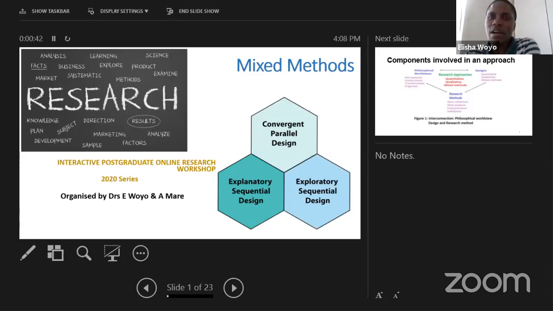So this week, our focus is to look at mixed methods. And like what we said, I think we need to continue to say this, Dr. Murray, that quantitative research and qualitative research are not opposites. They're distinct methodologies. And this one that we are talking about comes in the middle of the two, which are not polar opposites, because many times when we read proposals and other submitted research work, people tend to think that qualitative is an opposite of quantitative, and vice versa.